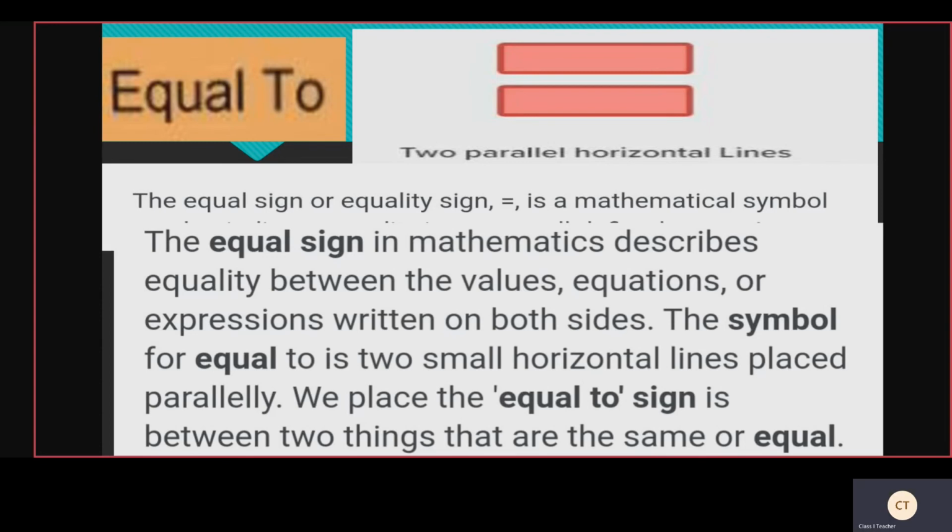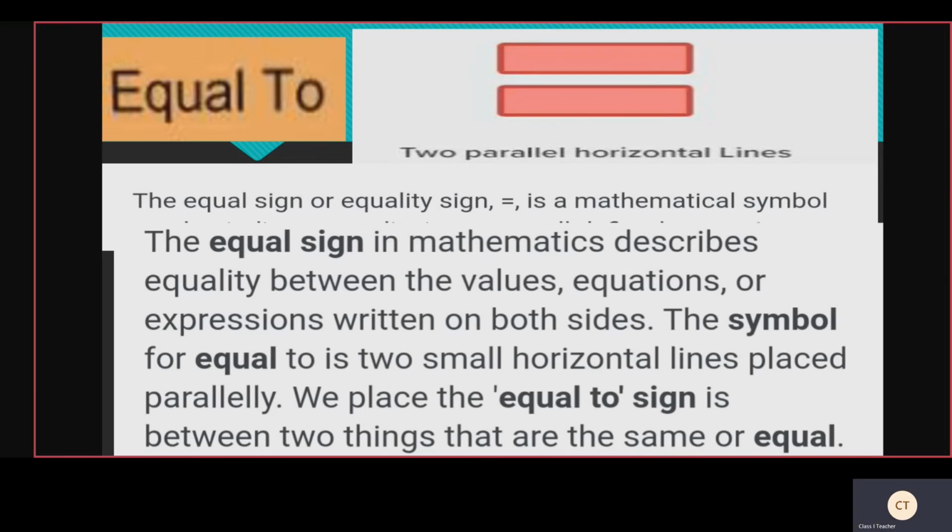The symbol for equal to is two small horizontal lines placed parallelly. We place the equal to sign between two things that are the same or equal. Observe this symbol, equal to symbol. Two parallel horizontal lines.